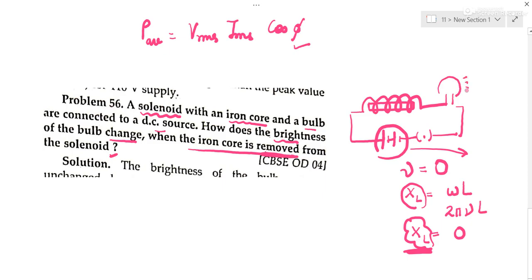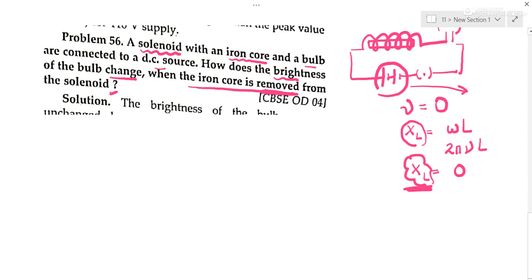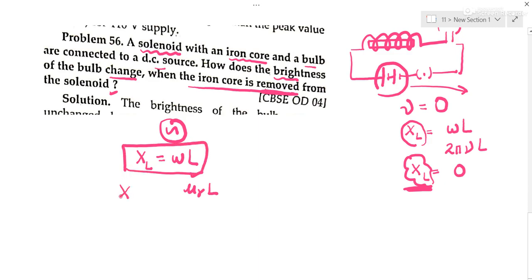But if it had been a question of AC, then you know what XL is? XL is omega L. We know when an iron core is inserted, then L actually becomes mu R times L. This is the original opposition, but with iron core it will be XL dash, and L will become mu R times this.